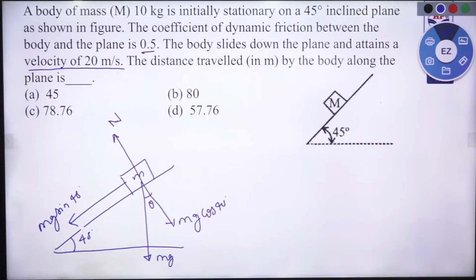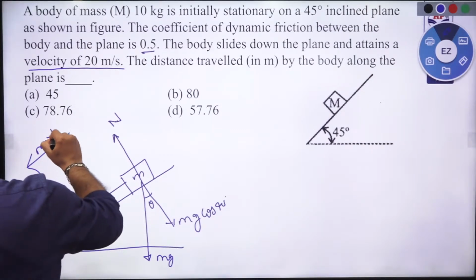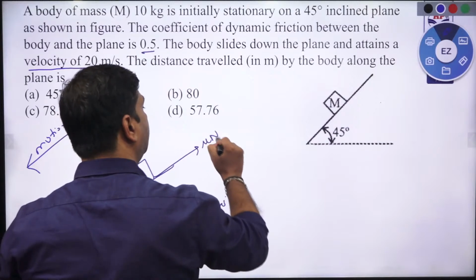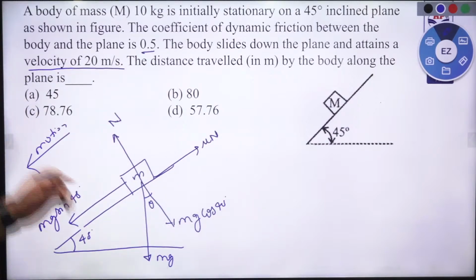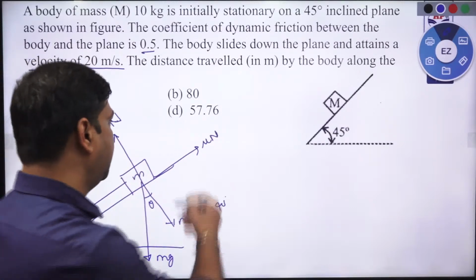If the motion is towards downward, so what will happen? The friction force acts towards the upward, mu into N. So first of all, I will find out the acceleration of the body. As I know by Newton's second law of motion, the net force equals mass into acceleration.